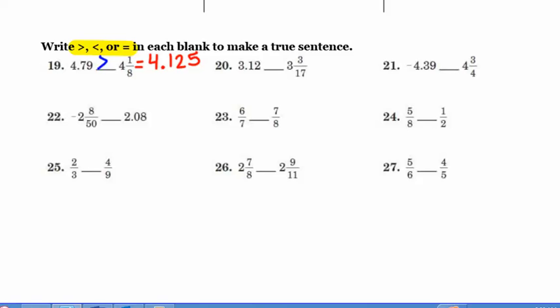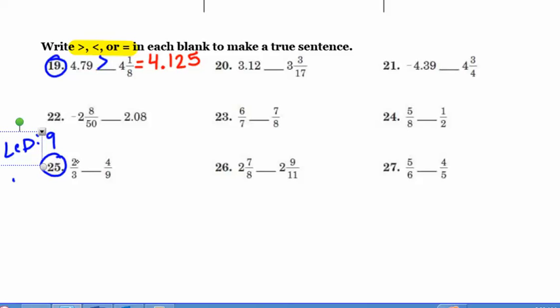Alright, now let's take a look at 25. Here we have two fractions. There are a few approaches you can take here. One approach you can take is you can compare them when they have the same denominator. So I'm going to rewrite both fractions so that they have the same denominator. Our least common denominator in 25 is 9. 4/9 already has a denominator of 9.